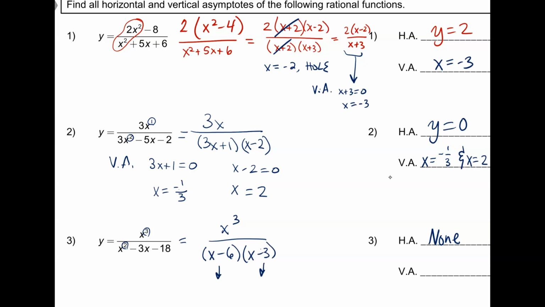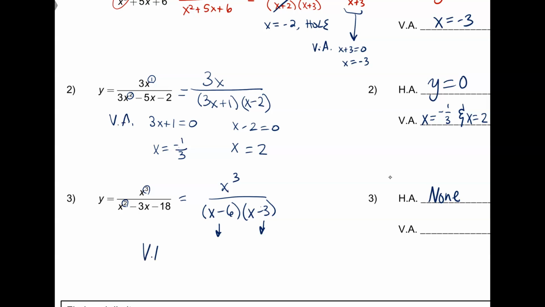Set each of these equal to 0. x equals 6 and x equals negative 3. Those are the equations of my vertical asymptotes.